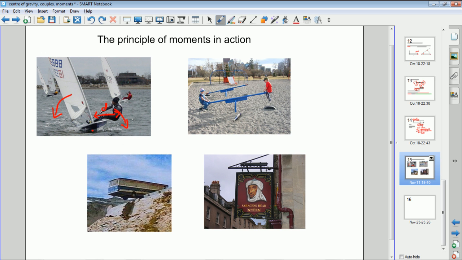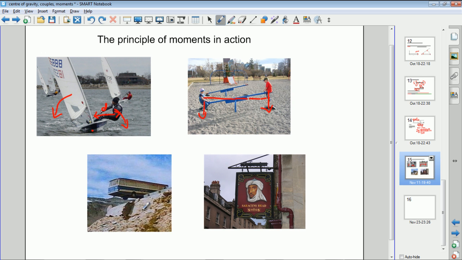Here's another one. There's a classic example of the seesaw. You've got a force, which is the weight of this child, acting at a certain distance over here, and you've got a weight, which is this child, acting at a certain distance over here. The seesaw is tipping downwards because presumably, looking at this, the distances seem roughly equal, and therefore the weight of this child must be greater than the weight of that child, which is causing an increased turning moment in this direction, causing the seesaw to tip.